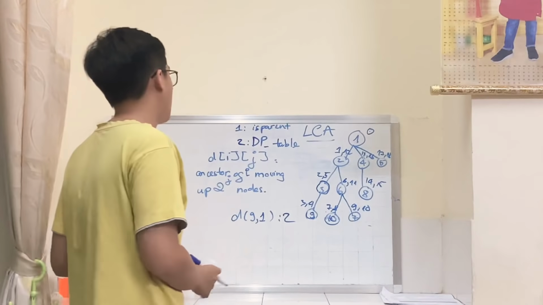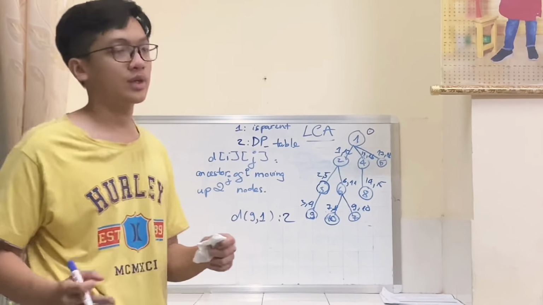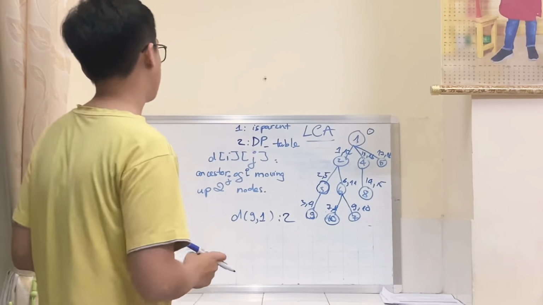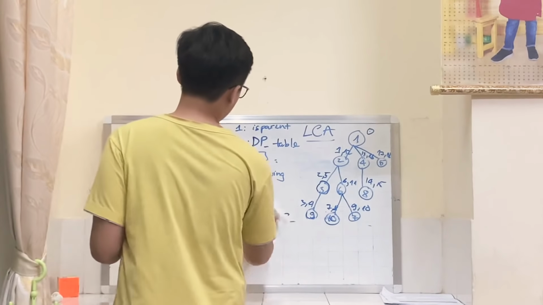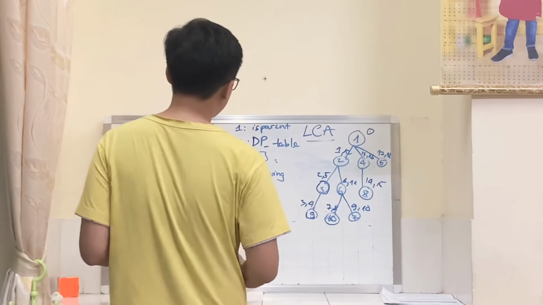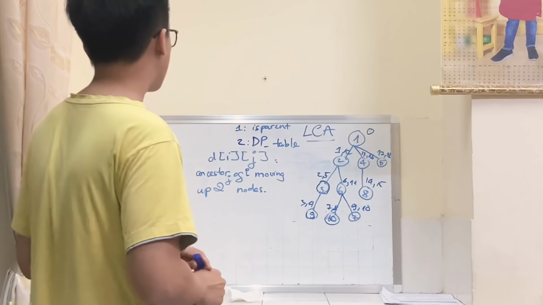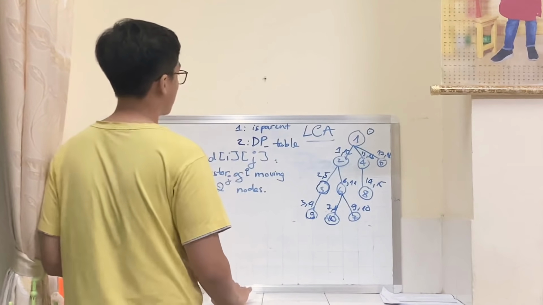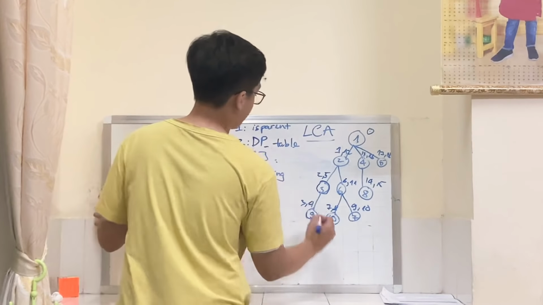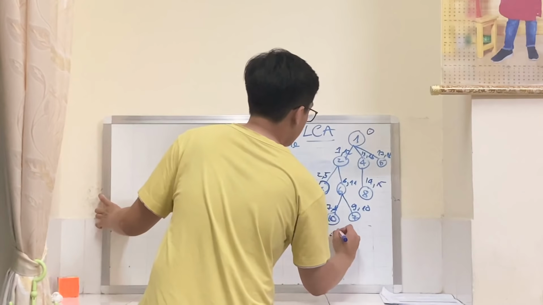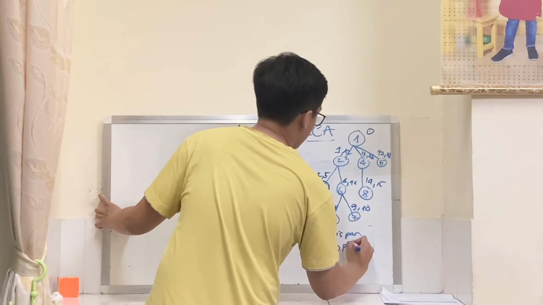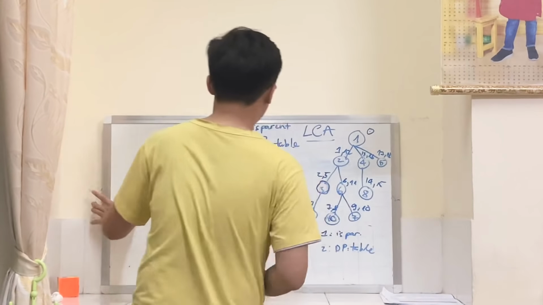So I'll show you how to calculate this DP table. D[i][j] is the ancestor of i moving up 2 to the power of j nodes.